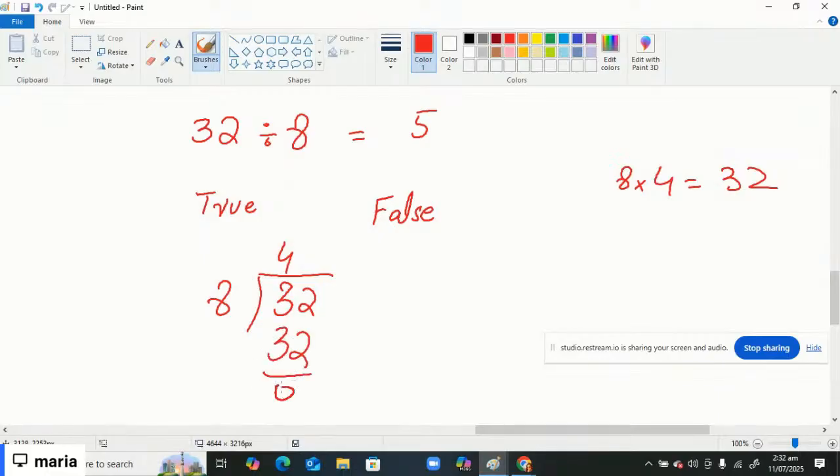And now the answer is 0 here. So this answer is 4 and here the answer is 5. Are these both the same? So this is false.